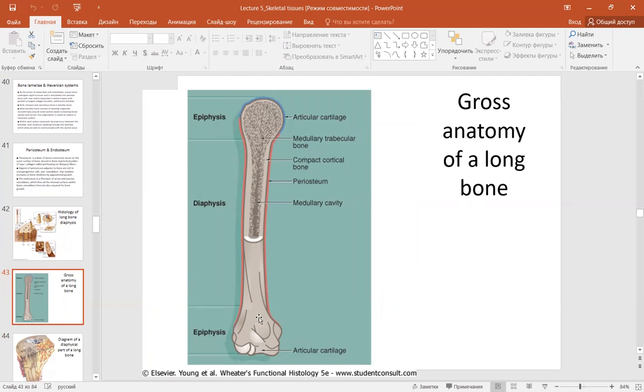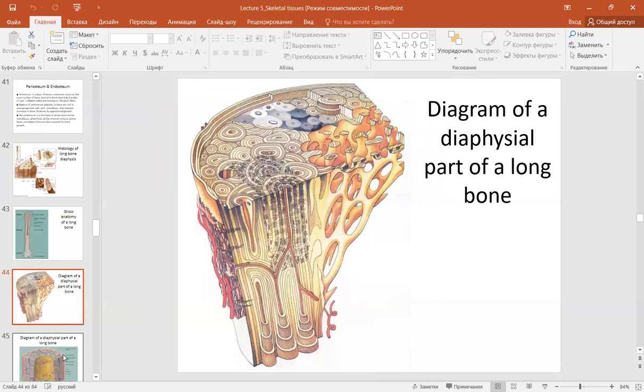Epiphysis, diaphysis, medullary cavity, periosteum, compact cortical bone, medullary trabecular bone. And a diagram of the epiphyseal part of the long bone showing you the osteons, three osteons with centrally located canals within which the blood vessels are traveling through the bone tissue.